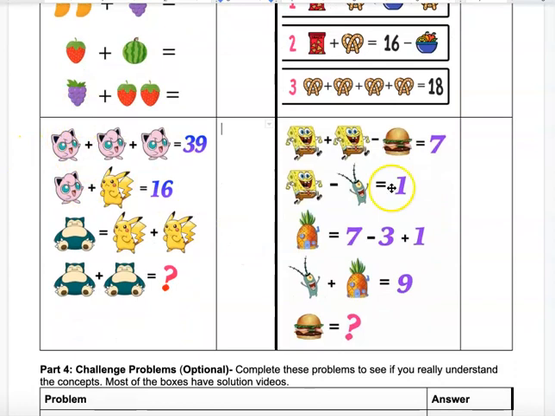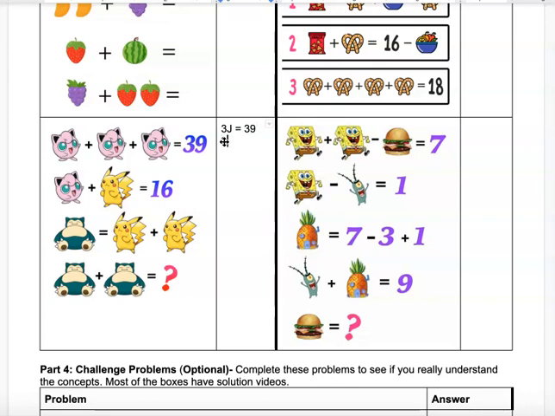Same thing here. We did one of these 2 types of problems in the warm-up or in the beginning of yesterday's Pear Deck. So in this problem here, I see that 3 of the same thing. So 3 Jigglypuffs, that's the Pikachu character, 3 J's equal 39. And they all have to be the same.